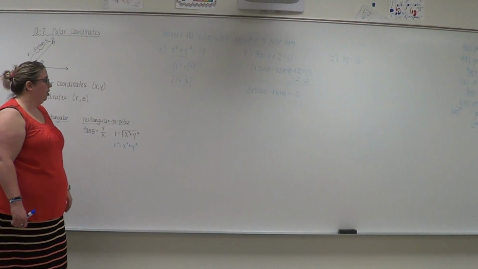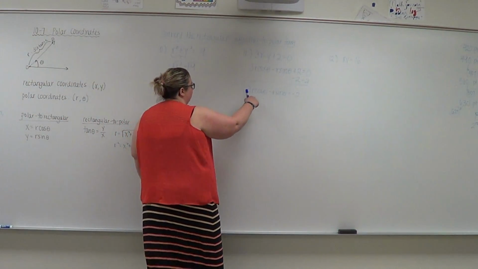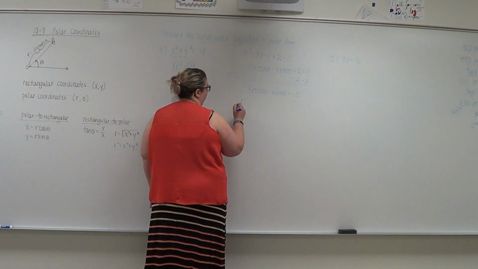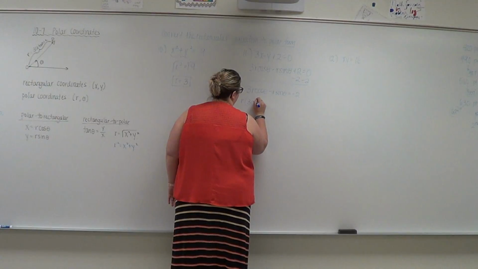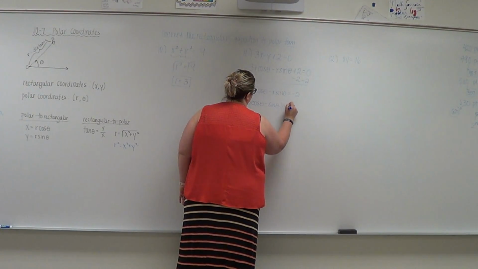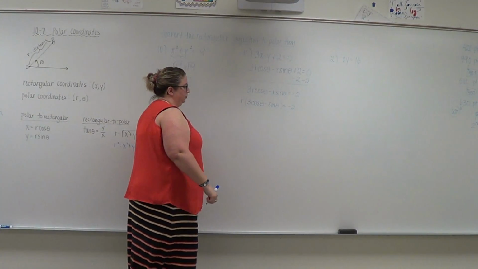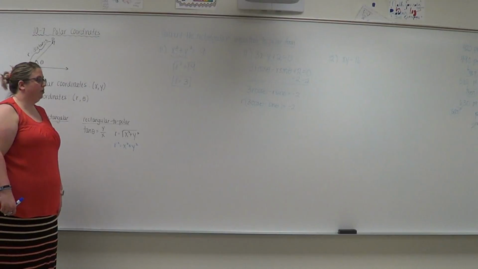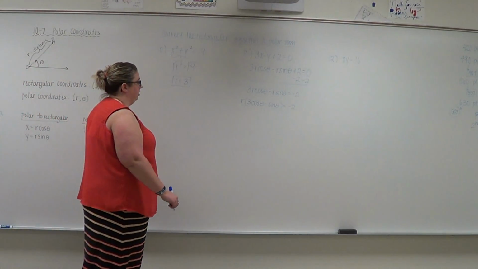Okay, so now to solve for r, these both have an r in them. So I'm going to factor that out. So I factor out the r, so I have 3 cosine theta minus sine theta. And then how would I move 3 cosine theta minus sine theta to the other side?